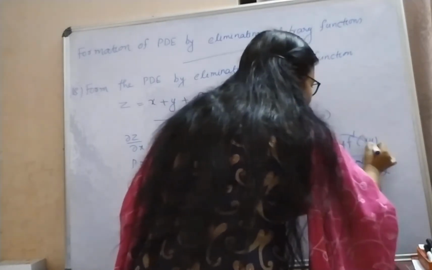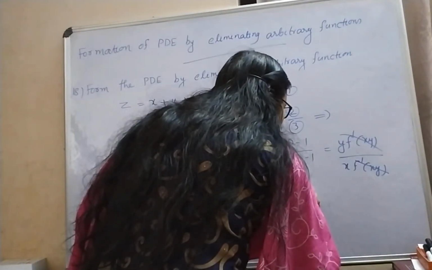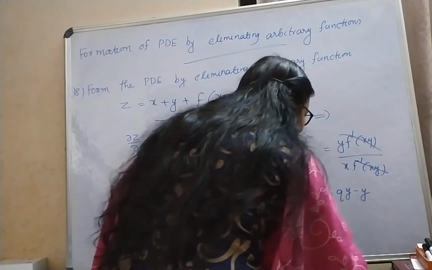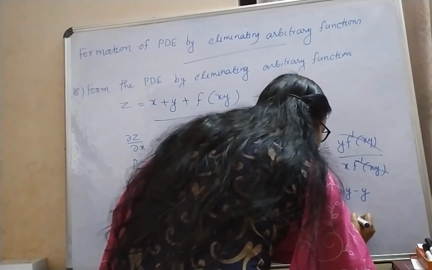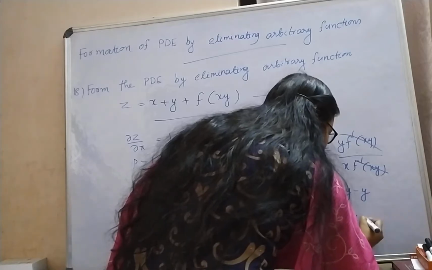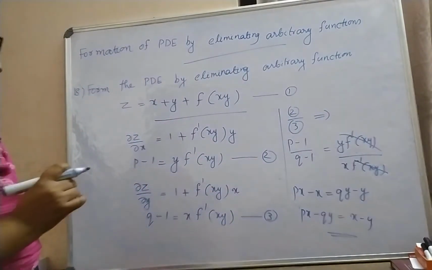This f dash xy will get cancelled. Then by cross multiplication we get px minus x equal to qy minus y. That is, px minus qy equal to x minus y, which is the required partial differential equation.